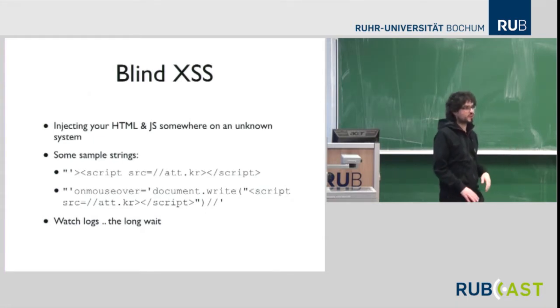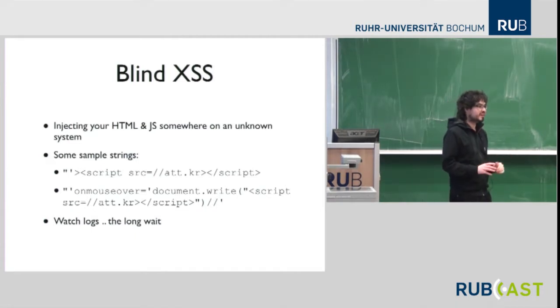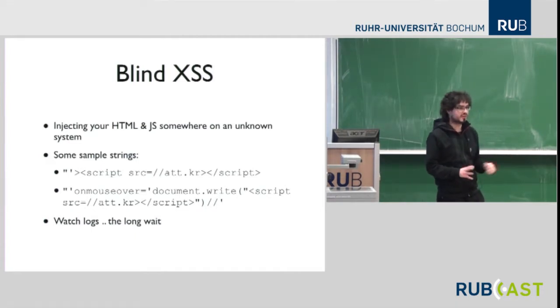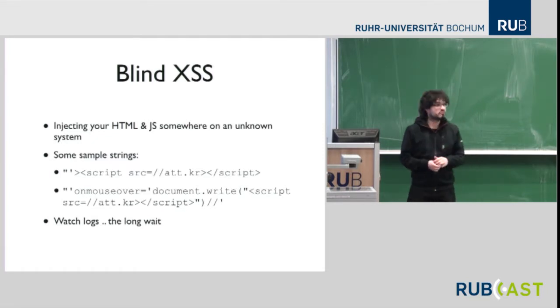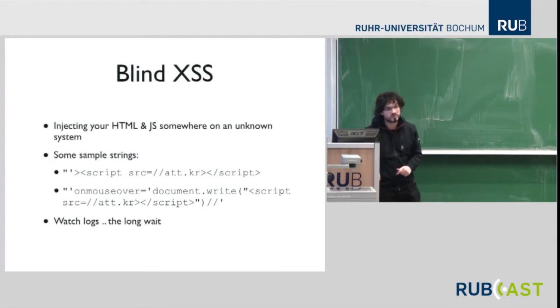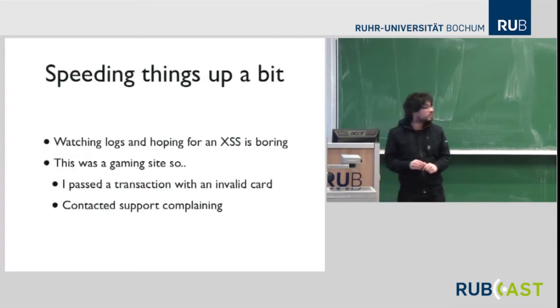But the address, most of the times, has very little input validation because of all the weird names. And it might allow you to put these characters. And then, as an attacker, you have to watch the logs of your HTTP server and wait. And waiting is very boring.